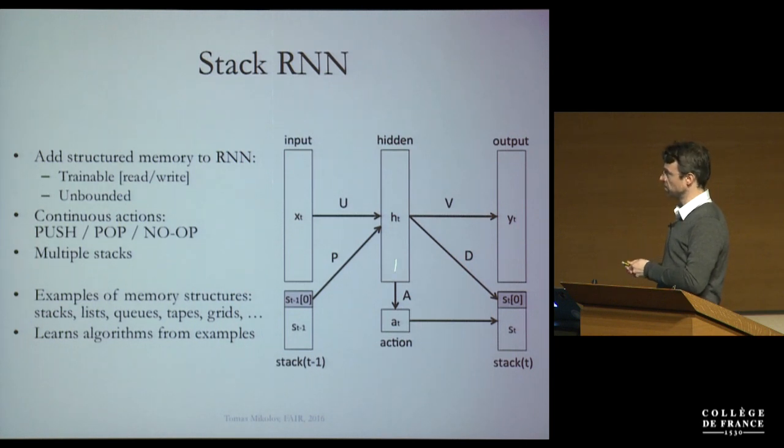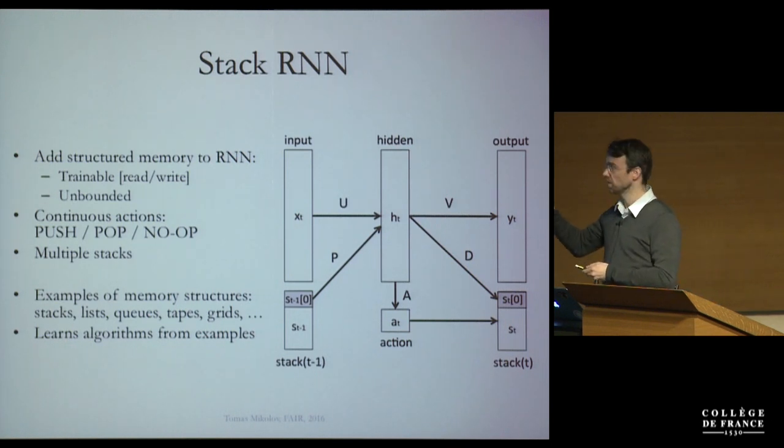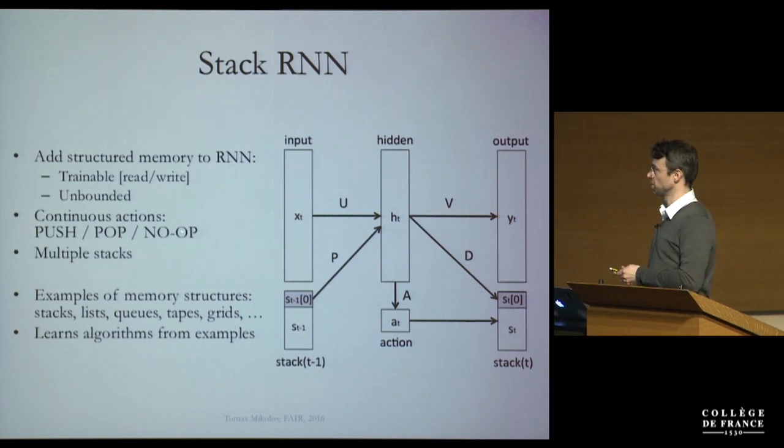Then at the next time step, you'll decide on an action, which is actually a continuous vector over 3 possible things that you'll do with the stack. You'll either do nothing, or you'll push the current state, ht, onto the stack through the matrix D, or you won't put the item on, but you'll just pop it at the next time step.